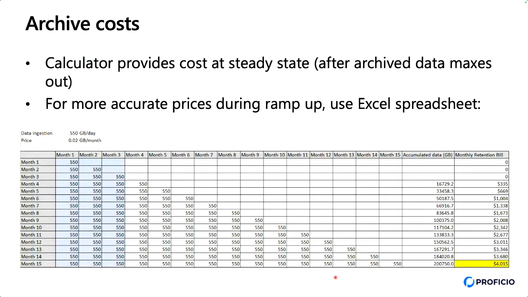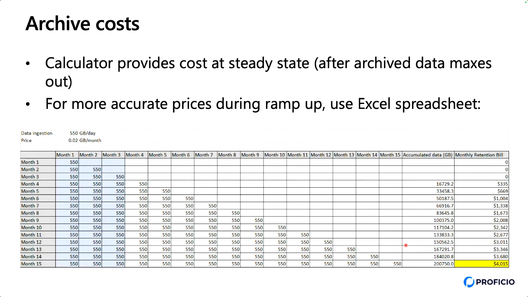Basically, when you go to the Azure Calculator, it won't give you a very nice breakdown of how many gigabytes, how much it will cost you, etc. So for this purpose, you would probably be better off using Excel, because when you start archiving data, you won't be charged for 15 months in this case right away.